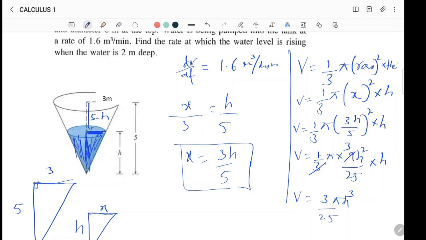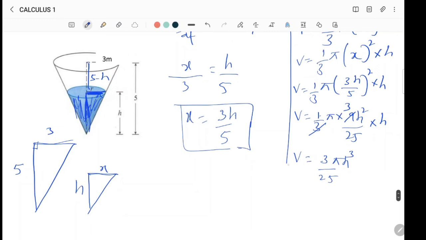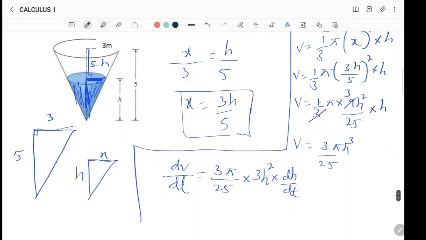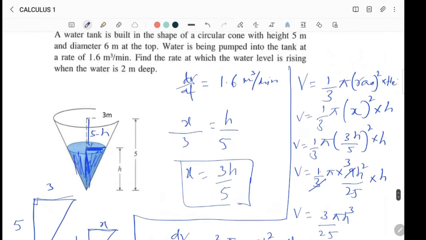This is my volume. Now differentiate, dV over dt equals 3 pi over 25 times, h cube is 3h square dh by dt, right?